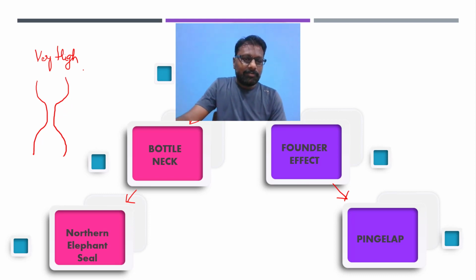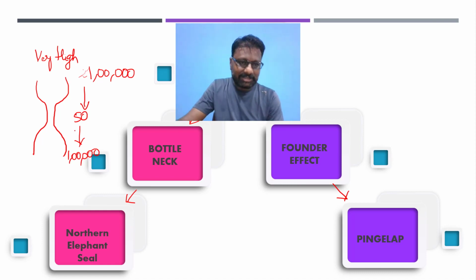Their number decreased from 1 lakh to 50, and then they recovered back to 1 lakh. Even after the recovery, there is a lot of implication on the gene diversity and the type of alleles present after the bottleneck when compared to the pre-bottleneck phenomenon.